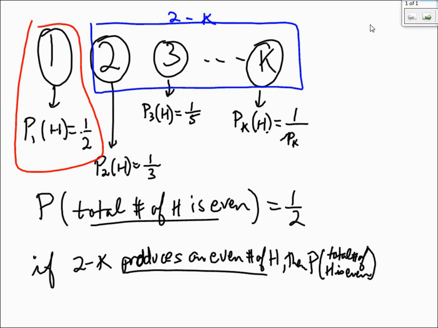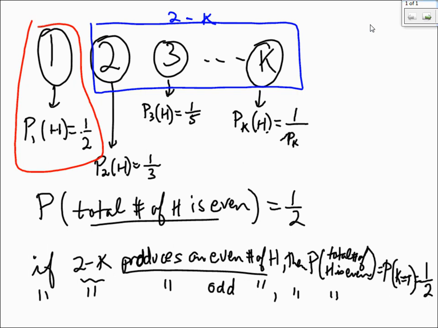If you already have an even number of heads, then you want to get a tail. This is going to equal the probability that the kth coin is the tail, which is 1/2.